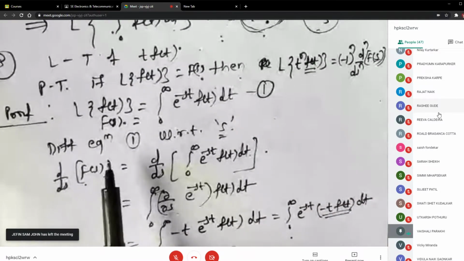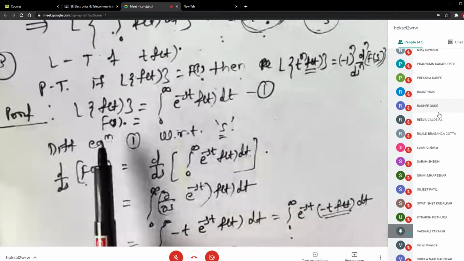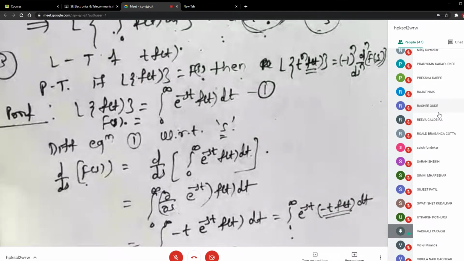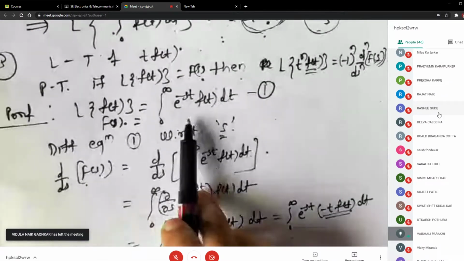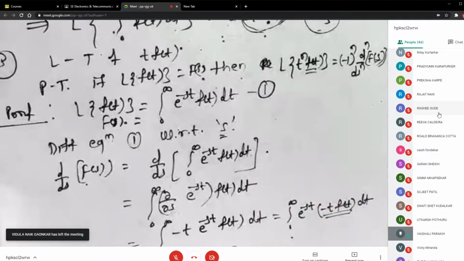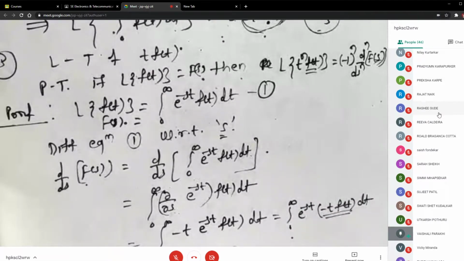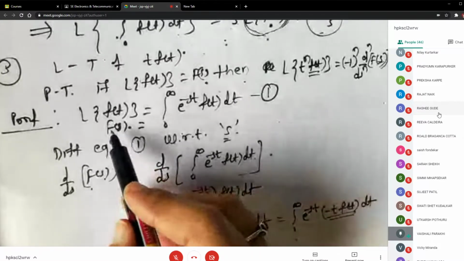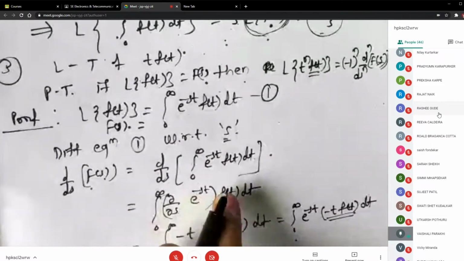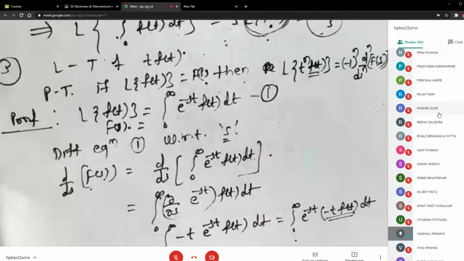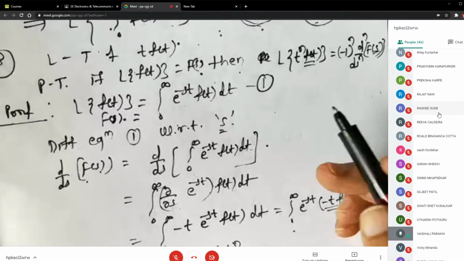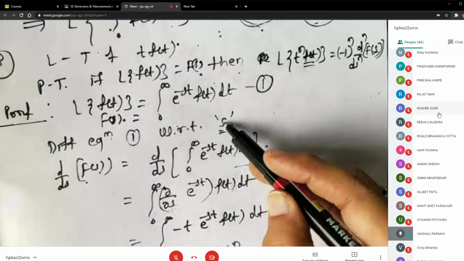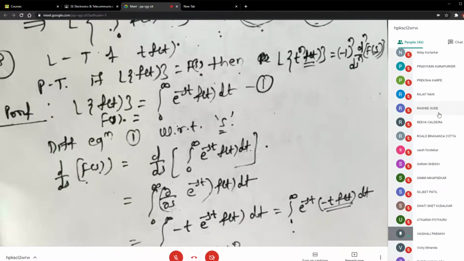Now in the proof, your first step is the normal formula, L of f of t, that is F of s, is equal to integral from 0 to infinity e raised to minus st f of t. Now see what we are going to do is this left hand side is capital F of s, right? We are differentiating both sides with respect to s. Now see students, we are differentiating with respect to s, which is very important here.